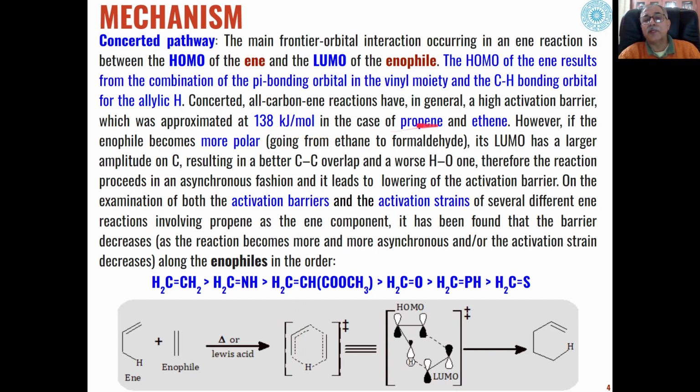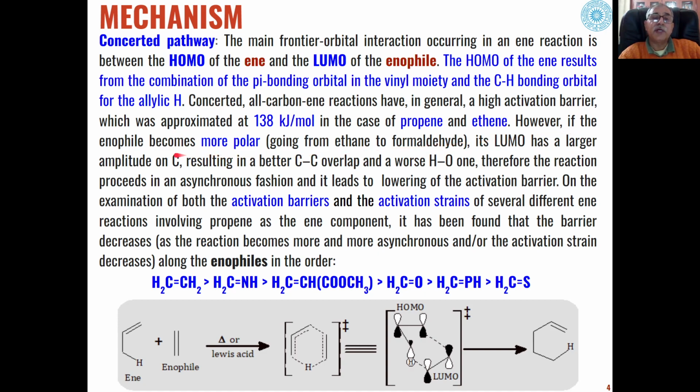For example, in the case of propene and ethene, we require almost this much energy for breaking this bond. 138 kilojoules per mole is required as the activation energy for the conversion of these two reactants into products in a thermal manner. So we can see that these reactions are high temperature reactions.